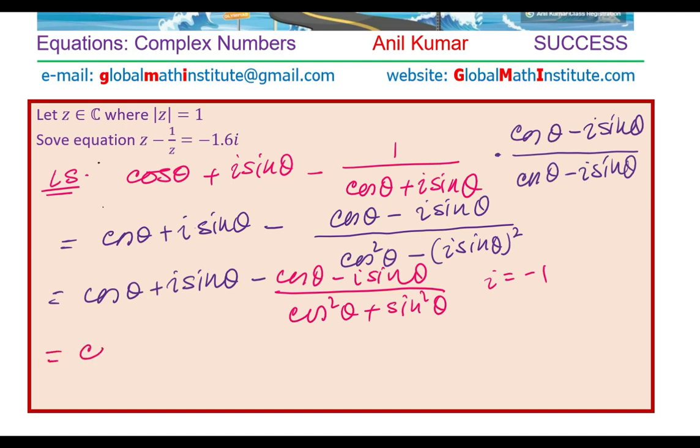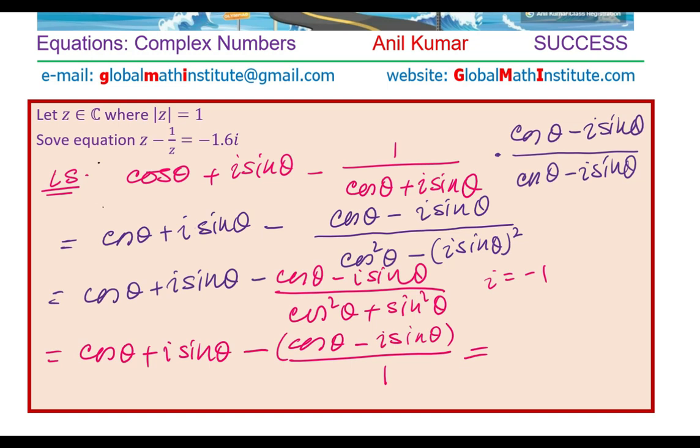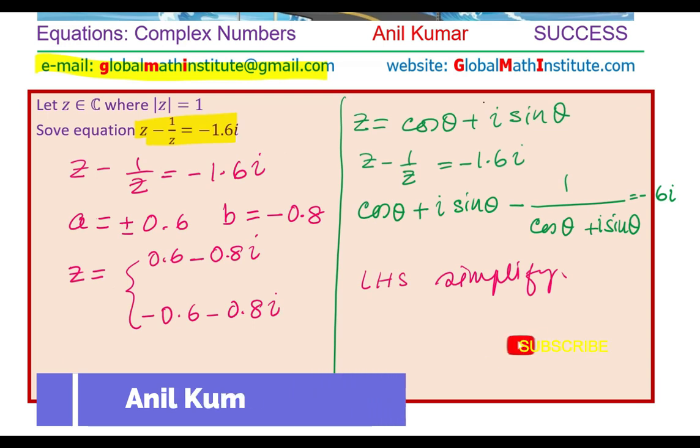And now you can rewrite this as cos theta plus i sin theta minus, this denominator is 1, right? So we get cos theta minus i sin theta over 1, correct? And that simplifies to 2i sin theta. Equate this to minus 1.6i, get your solution as we got earlier.